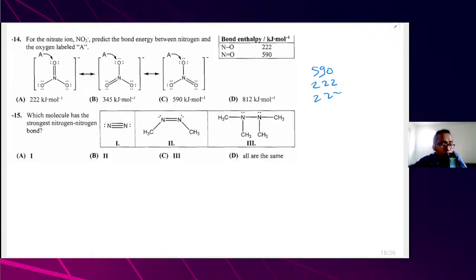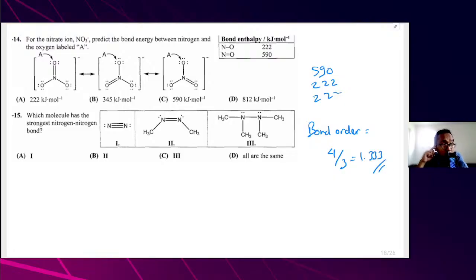Now we need to calculate the bond order. How do we get the bond order? This is the new concept. Like I mentioned, we need to look at how many bonds. It should be four, right? And then how many positions, N and O, should be 3. So the bond order is 1.33.